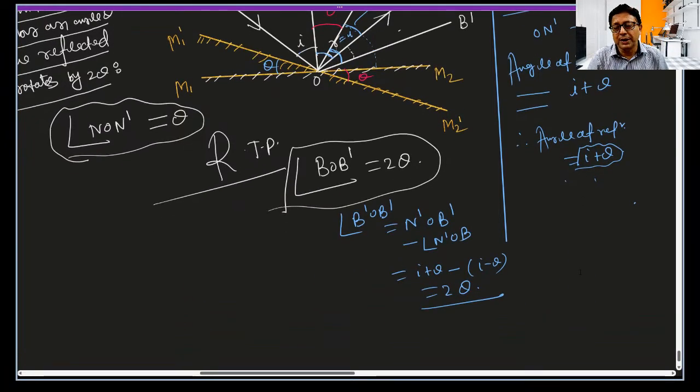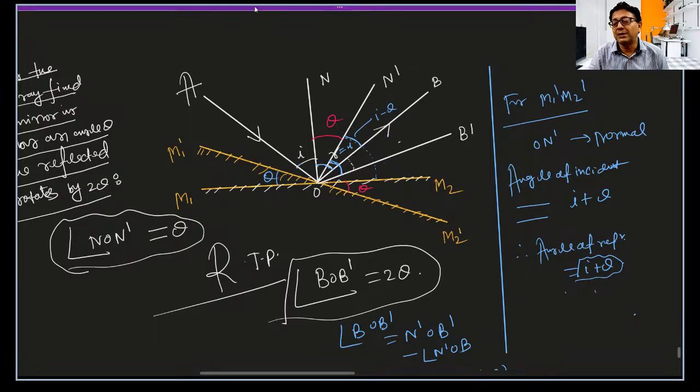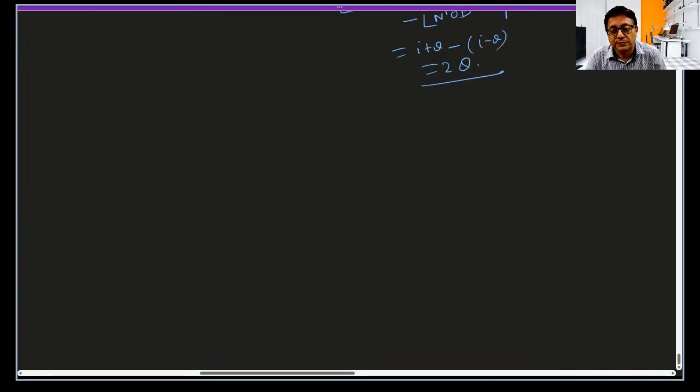So it is I plus theta minus I minus theta, which is 2 theta. So BOB dashed, or B dashed OB, whatever you say, is equal to 2 theta. But OB is the old reflected ray and OB dashed is the new reflected ray, so it gives us the angle between them. Now it is 2 theta.